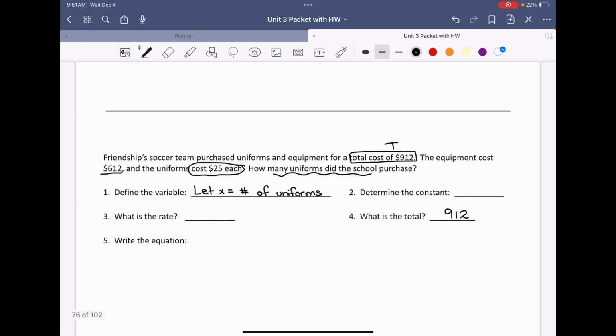Determine the constant. Well, that's that $612 for the equipment. And the rate, $25 each. My equation, 25 times X, plus my constant, 612, equals my total, 912.